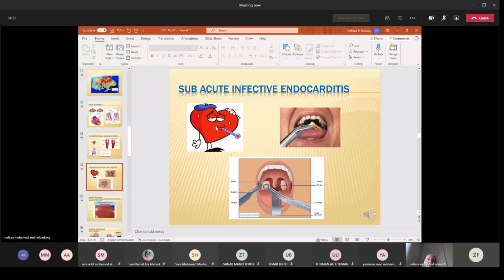The difference between both of them is in the type of bacteria that affects the valve.